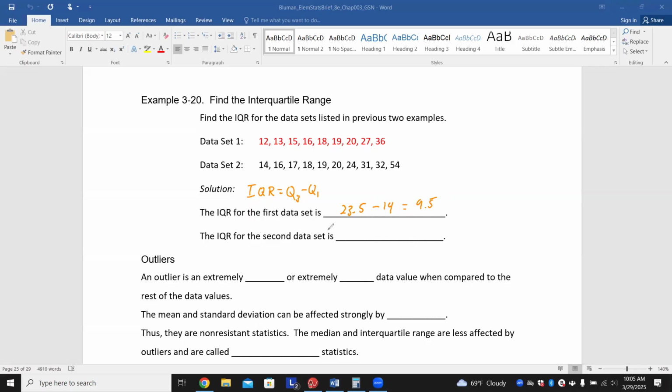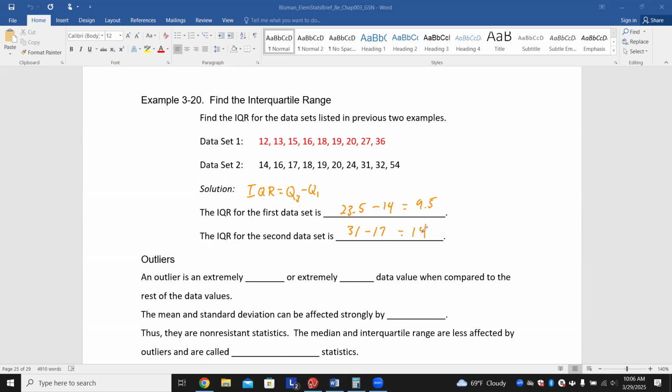And my IQR for the second one would have been 31 minus 17, which comes out to 14. So that just gives us the range of our data between 25 and 75% of our stuff. So remember, the larger that range is, the more spread out our data is. The smaller our range, the more condensed our data values are. Meaning maybe there's just a lot of repeated numbers or just really close together.